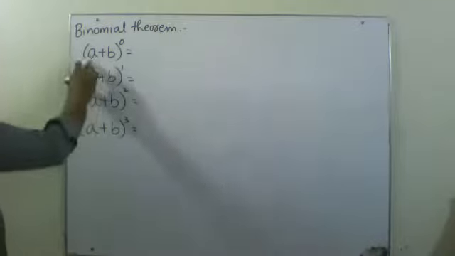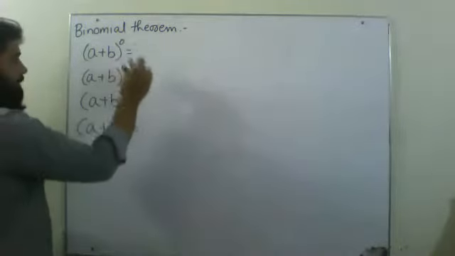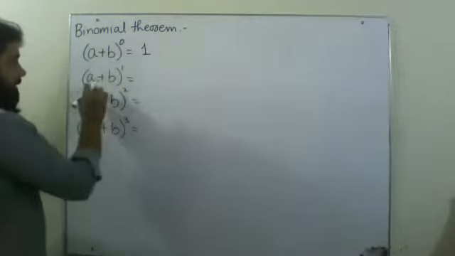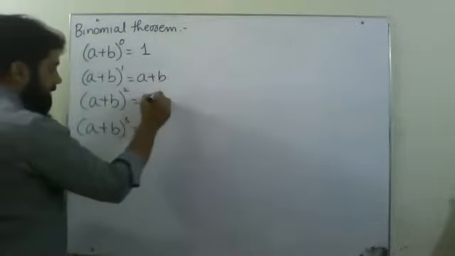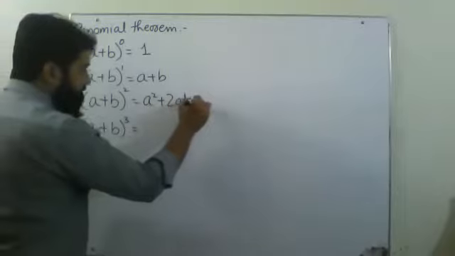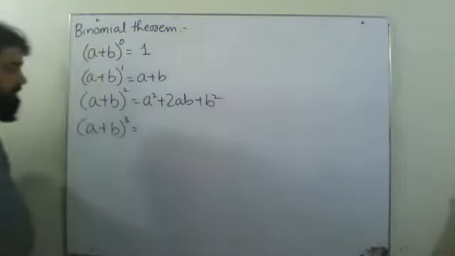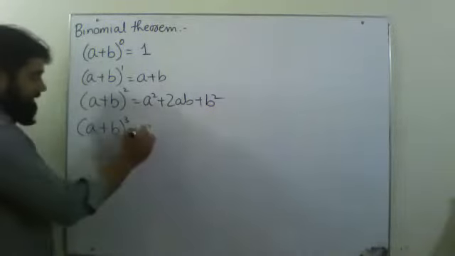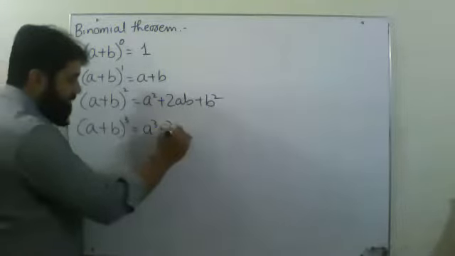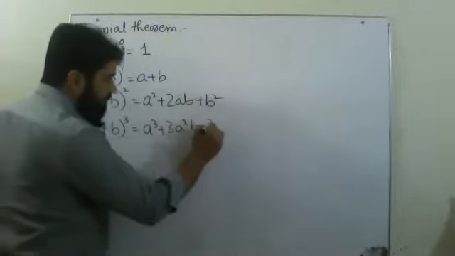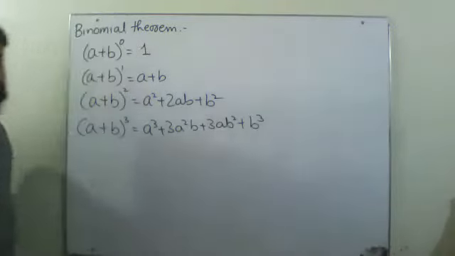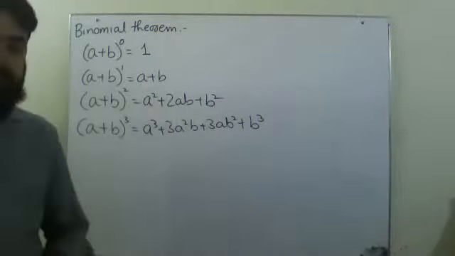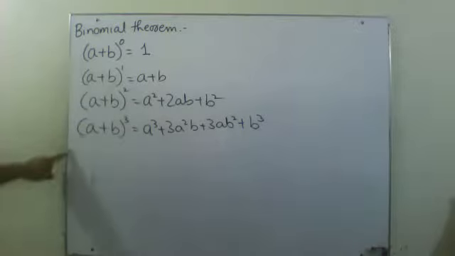So when I expand this, (a plus b) to the power 0 will be equal to 1. Power 1, that will be a plus b. Power 2 is a square plus 2ab plus b square. Power 3 will be a cube plus 3a square b plus 3ab square plus b cube. These are the things which we will do when we have an expansion.